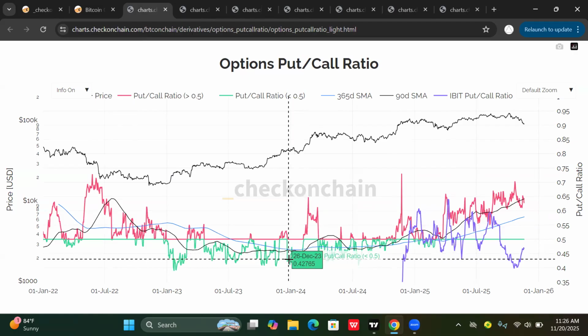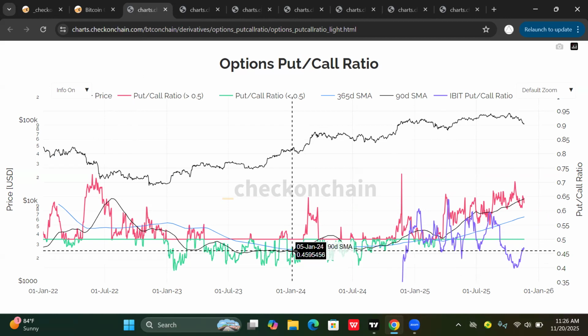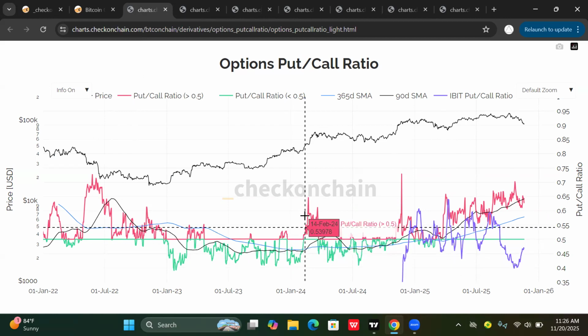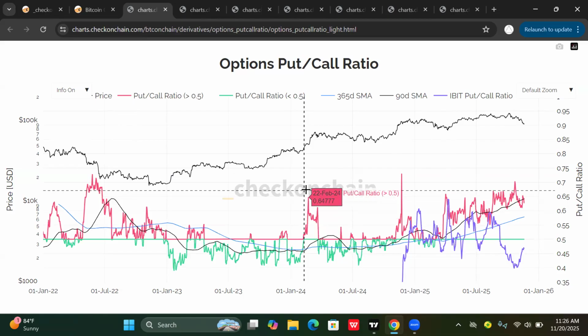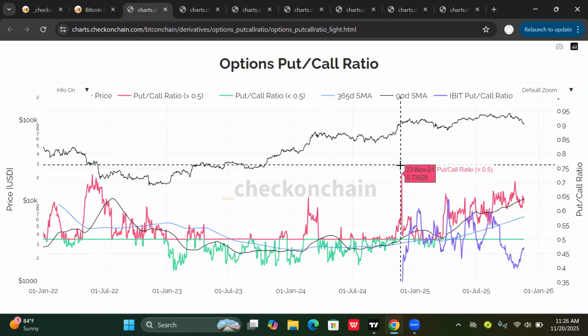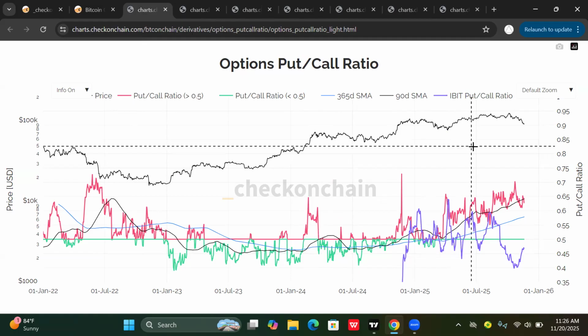The put to call ratio here, markets became bullish here, markets were bullish and Bitcoin rallied. Market became bearish, it continued to rally. The market became bearish again, and Bitcoin rallied.